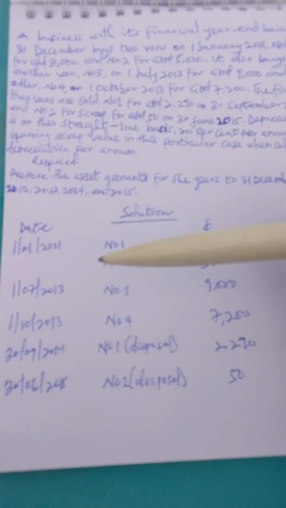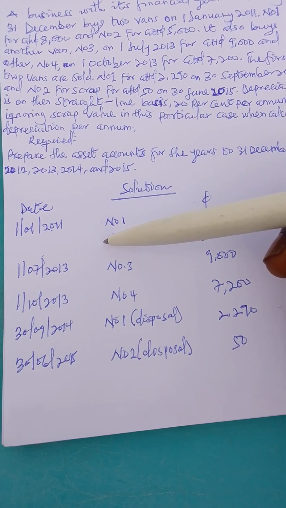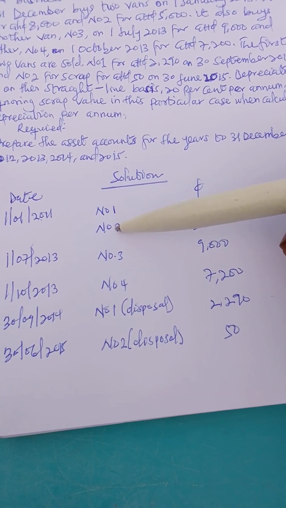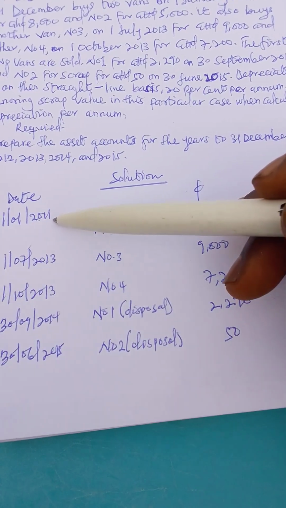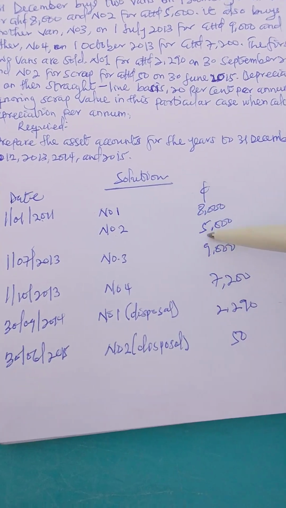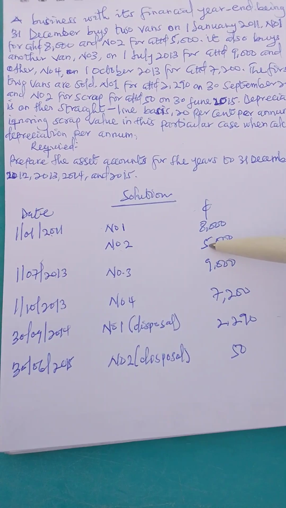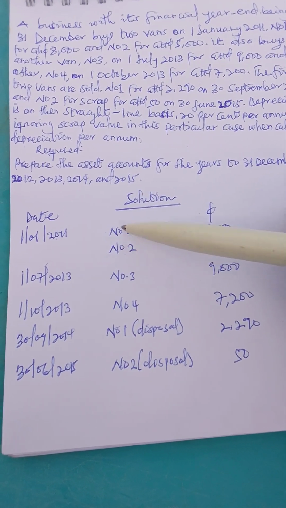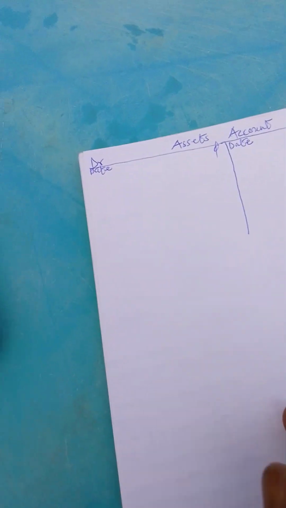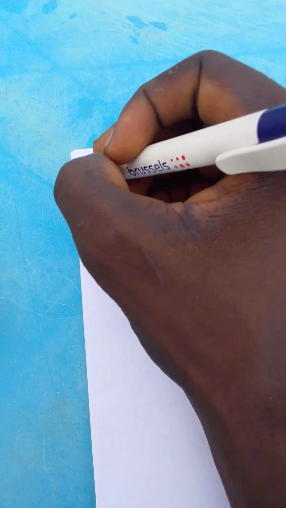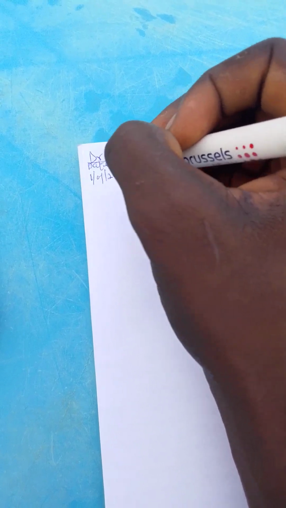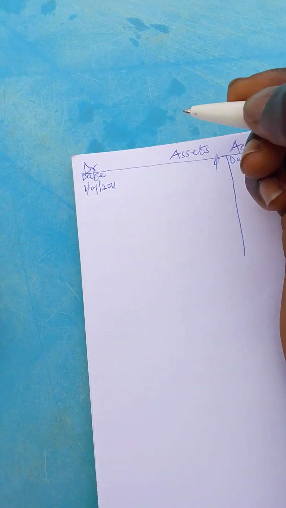So we are going to debit our asset account with these two assets because they were all bought in the same year. So we are going to debit with this amount. But we write the asset name or we can replace it with cash. Then our date will come. So let's quickly move in. So on the 1st of January 2011, an asset was bought.